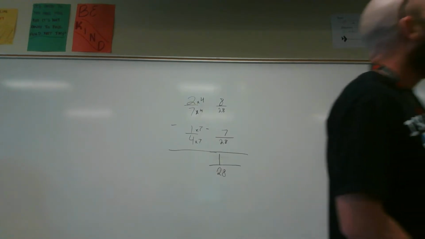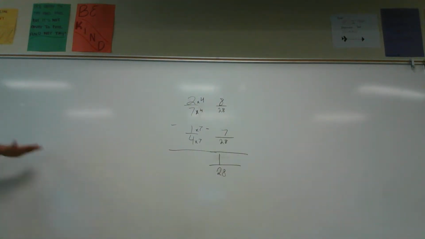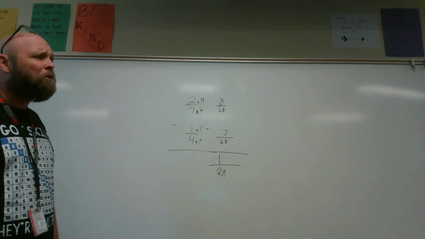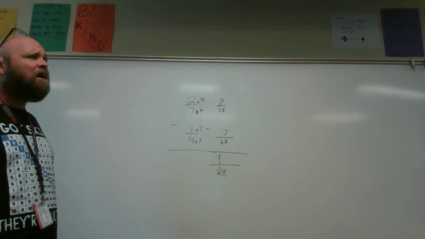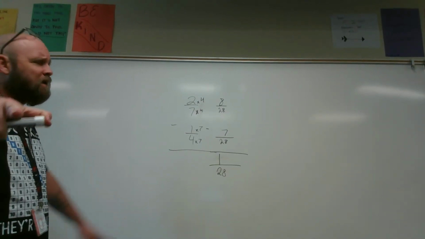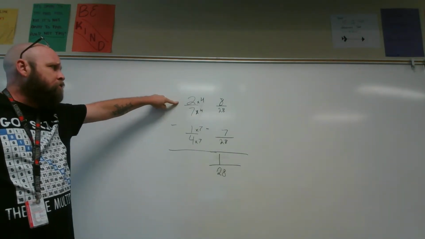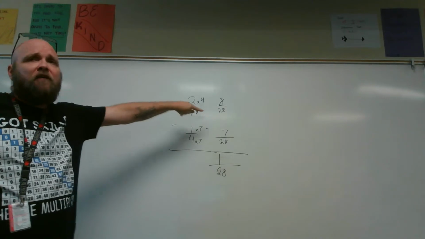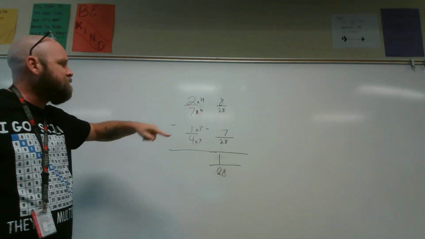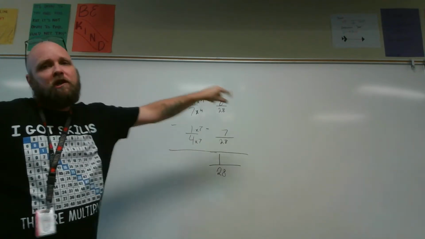All right, ladies and gentlemen, in the country of France, if you are watching this, my friend Ashley started with the problem 2/7 subtract 1/4. She found the common denominator of 28. So she had to change 2/7 to something over 28 without changing the value.